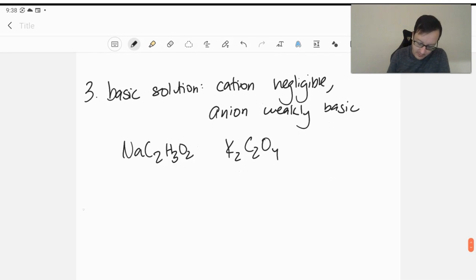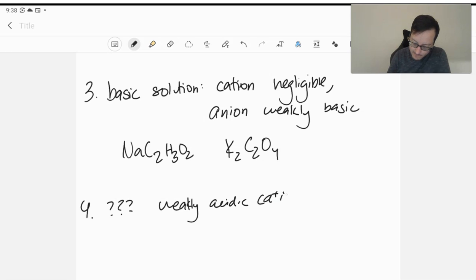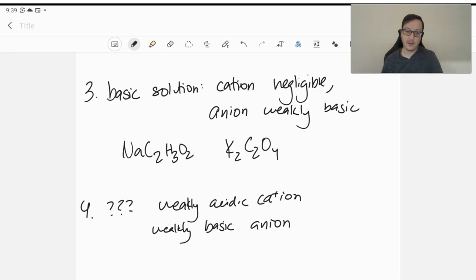The last category is the tough one. We have a weakly acidic cation, weakly basic anion, and what the heck does that mean? In this case, we have to look at the strengths of them. We need to see which one is stronger, you're comparing the Ka and Kb.